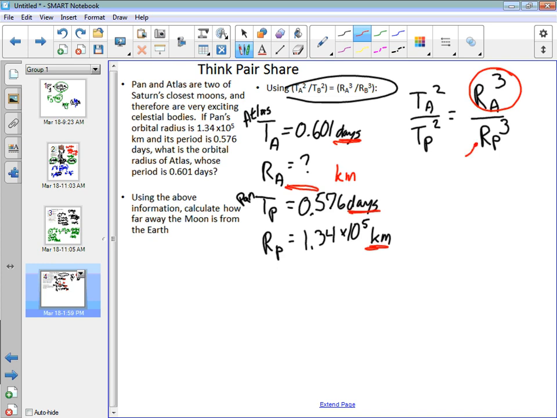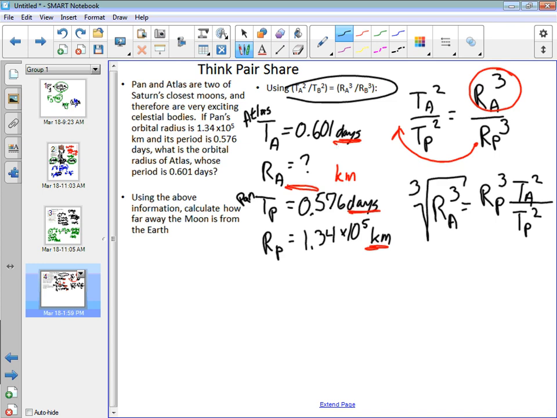I just need to take this and move it up here. So I'm going to have the orbital radius for Atlas cubed equals the orbital radius for Pan cubed times a fraction of T_A squared over T_P squared. And then I have to take the cube root. If I take the cube root of this and then the cube root of this, I should just be able to plug in numbers.